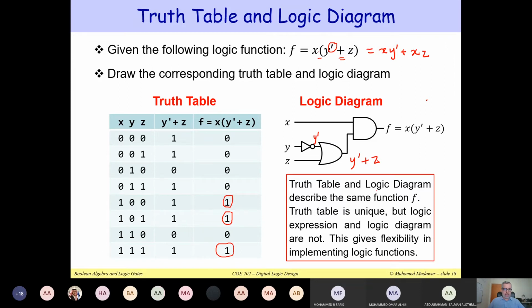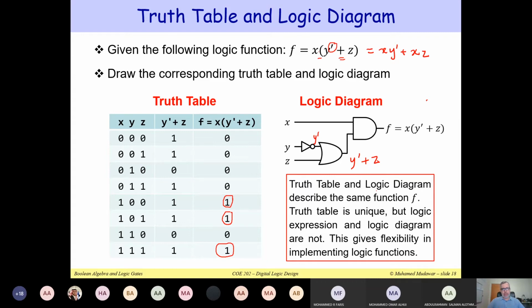My point here is that there is no unique logic diagram for a given function. The first expression, x and, between parentheses, y prime or z, has 3 literals, whereas xy prime or xz has 4 literals.